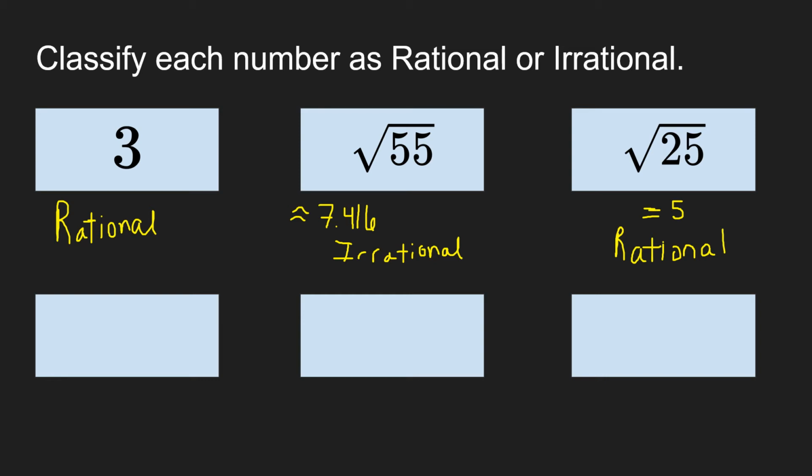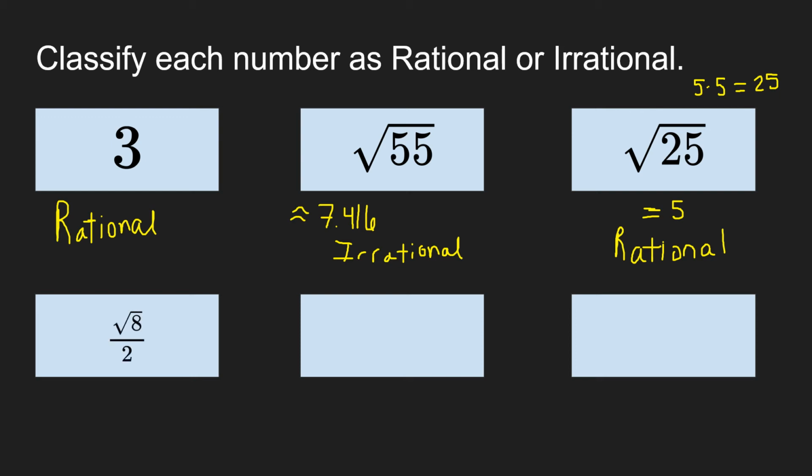Whenever we multiply 5 and 5 together, we get 25. The way it works is that perfect squares are the product of two of the same number. So 5 times 5 gives us 25. So 25 is a perfect square, meaning that the square root of 25 is rational.